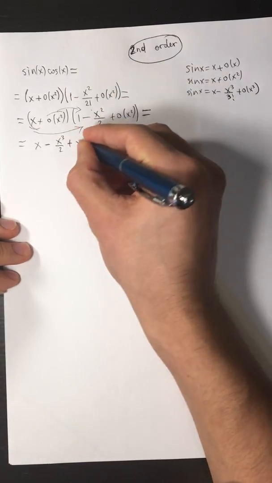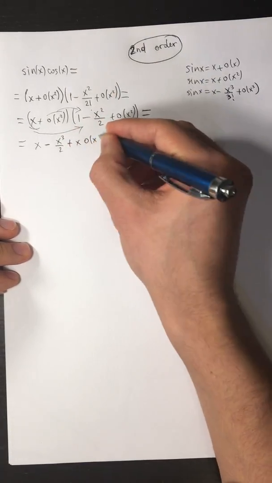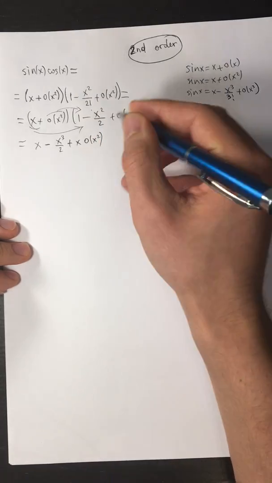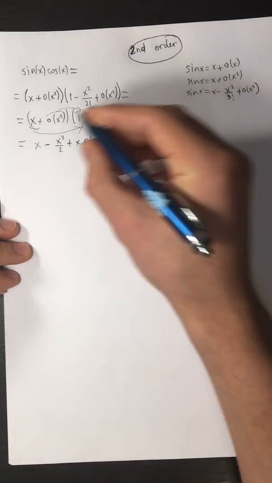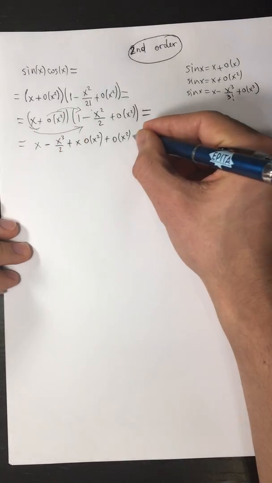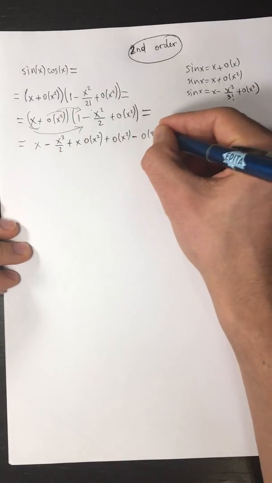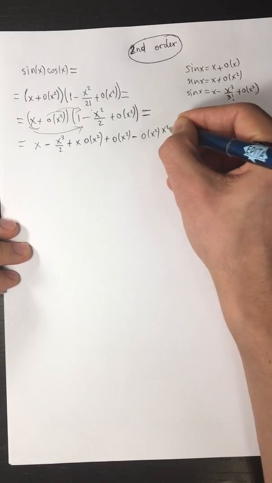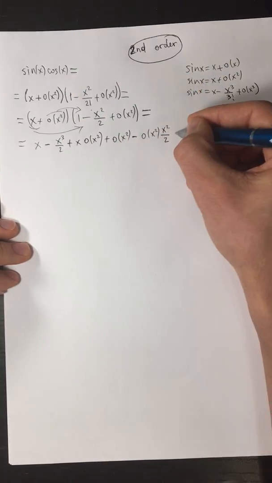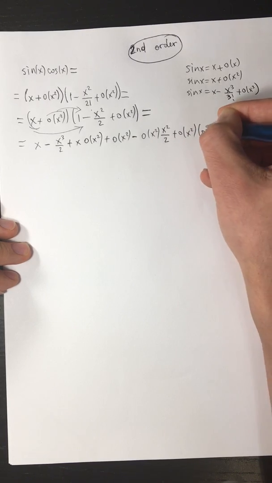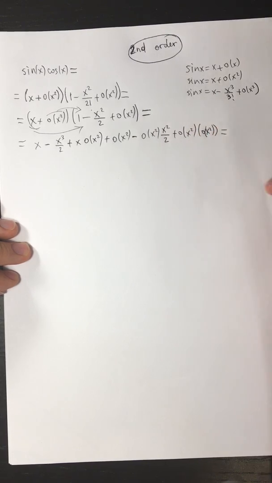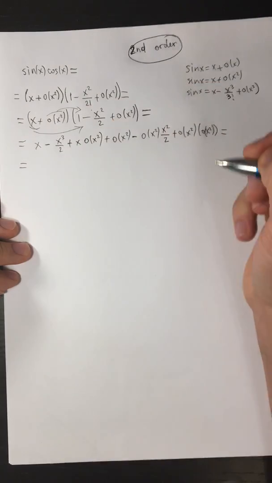Next, x times o(x^2), plus o(x^2) times 1, plus o(x^2) times minus x squared divided by 2, and o(x^2) times o(x^2). Okay, now this is what it is.